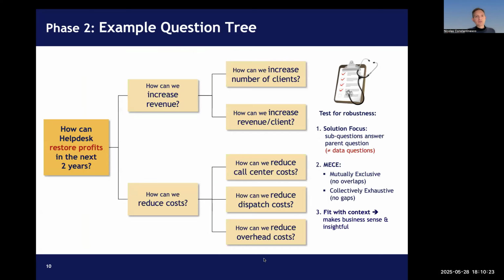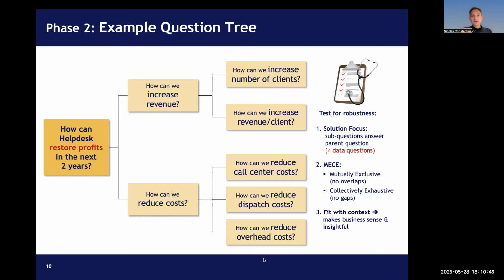Essentially, we talked about building an analytical question tree. In other words, a breakdown of the question into more granular questions that meet a certain set of conditions. Probably the first and most valuable condition is this solution focus.